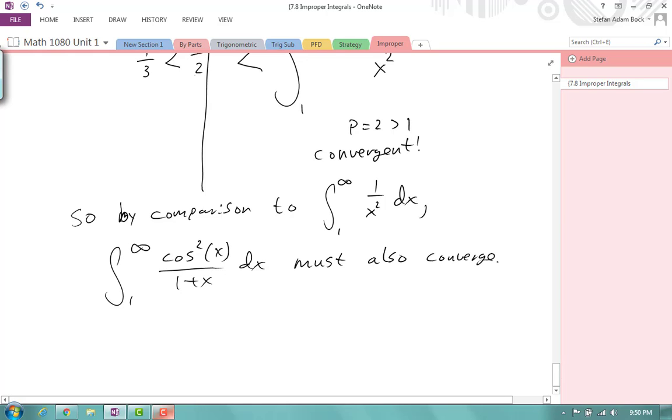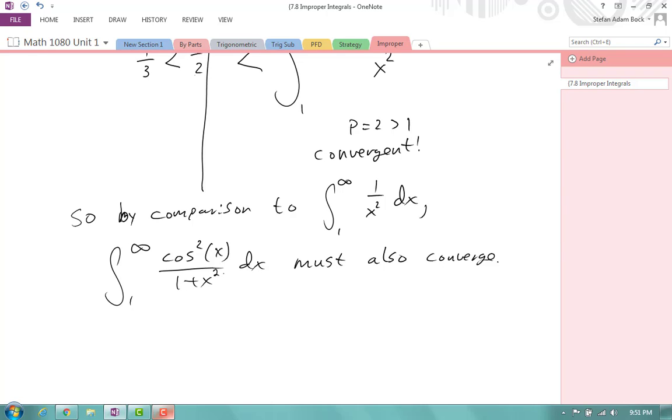We'll notice here that I didn't actually find out what any of these converged to. I just knew, from the test, that the integral I ended up with was convergent, and it was bigger than my original, so it must also converge to something. We just don't have any way of finding out what.